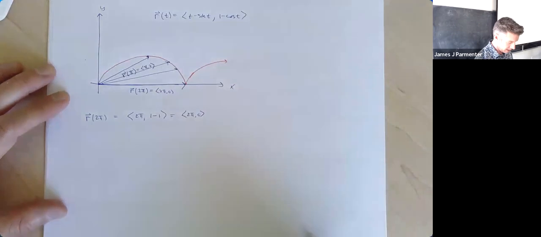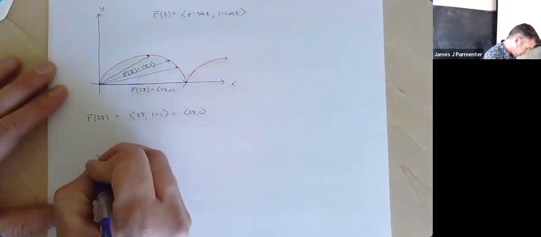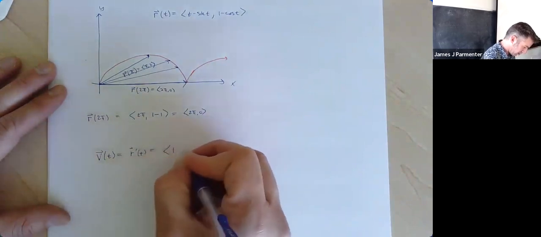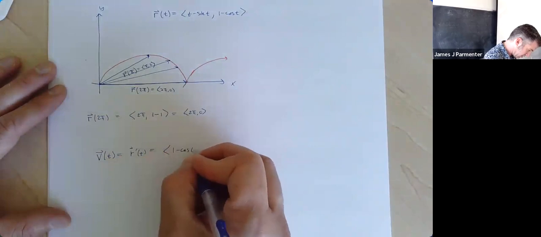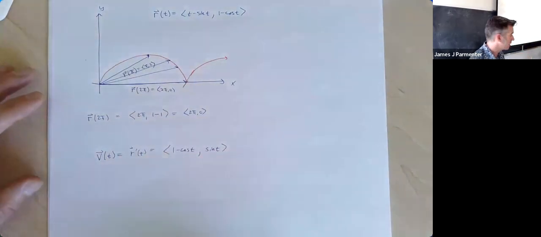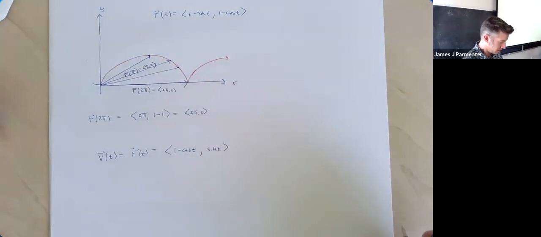I will just say, because it's interesting, the velocity of the bug, just r prime of t, is going to be 1 minus cosine of t, comma, sine of t, which is definitely not constant, right?